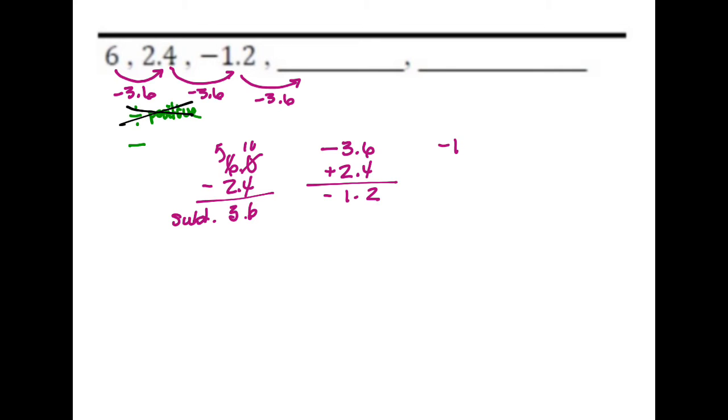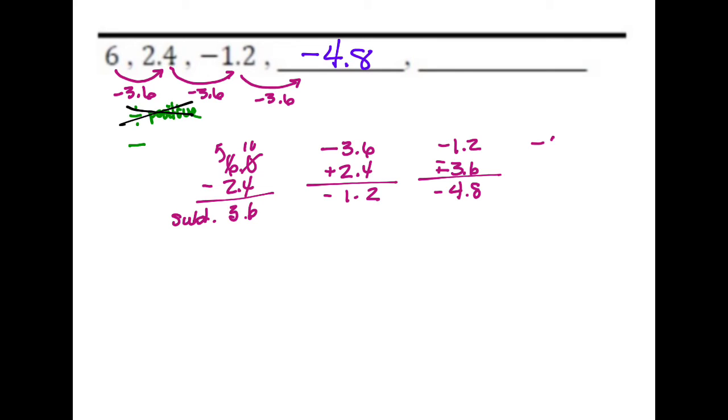So negative 1.2, subtract 3.6. Basically, you do a change, and it's a negative again, right? So we're going to add and keep the sign. So we're going to have a negative 4.8 right there.